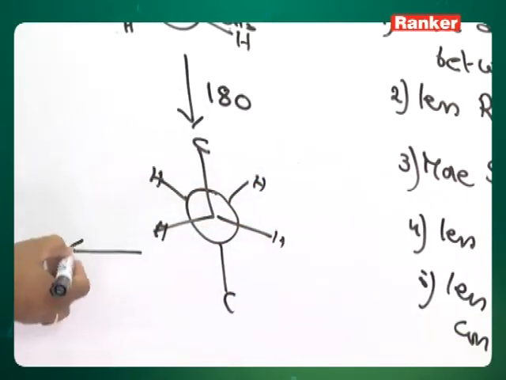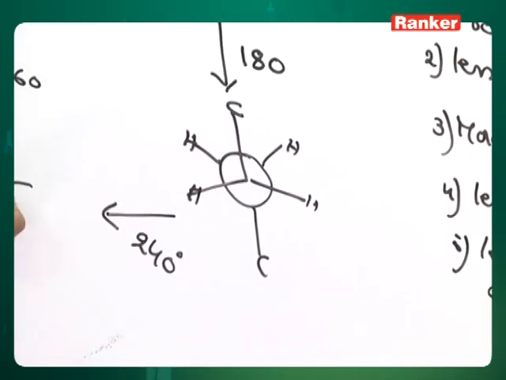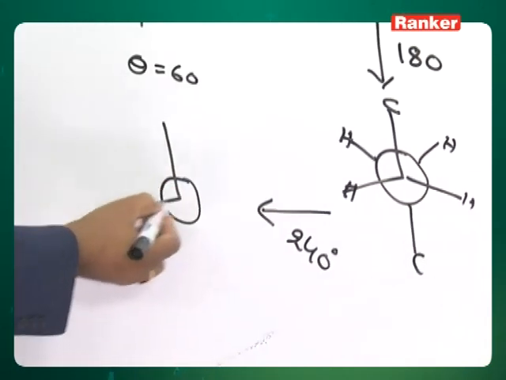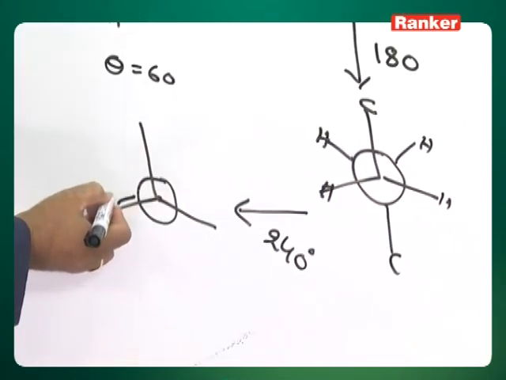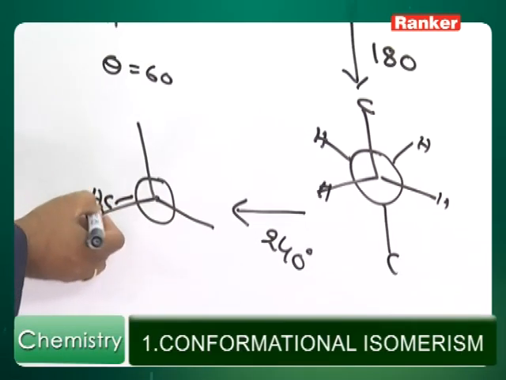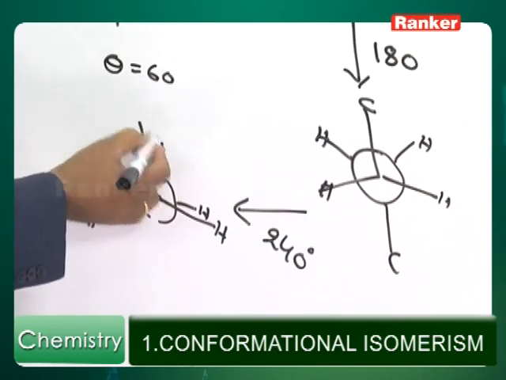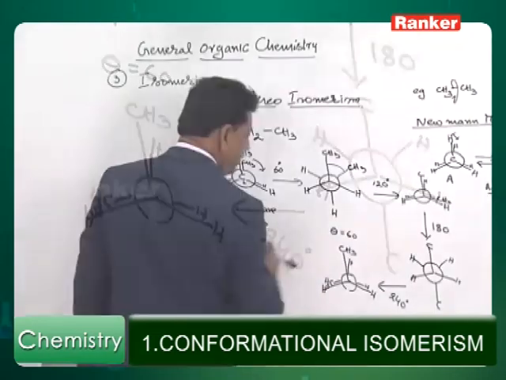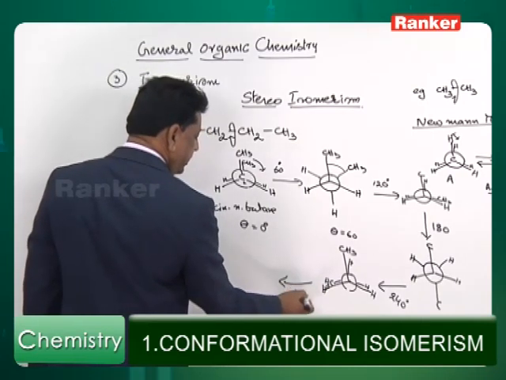One more 60, that is 240 degrees if I rotate. Then the first methyl, always keep it as a standard, and the second methyl comes behind this hydrogen. Rotate one more 60, that is 300 degrees.